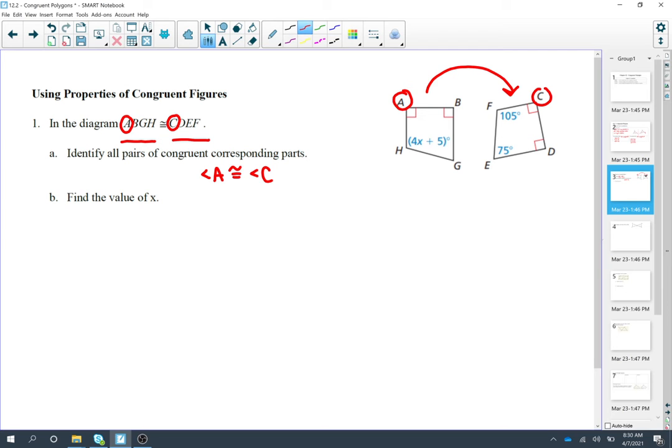They're both first. So if I keep going, B is going to rotate down to D. So I know angle B is congruent to angle D. I can also look and say, this one's second and this one's second, so they're going to be congruent. If we keep going, that means that G is congruent to E. And then last but not least, I know that H is congruent to F.